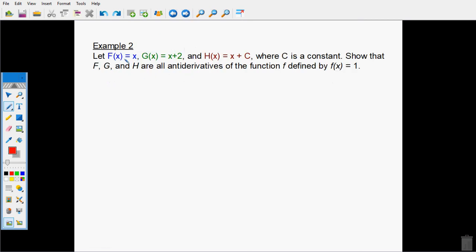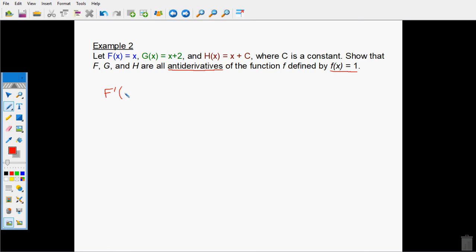So if f of x equals x, g of x equals x plus 2, and h of x equals x plus some constant c we don't know, show that f, g, and h are all antiderivatives of the function f defined by f of x equals 1. What we're really saying is, if I start at all 3 of these, do I end up with the derivative of 1?